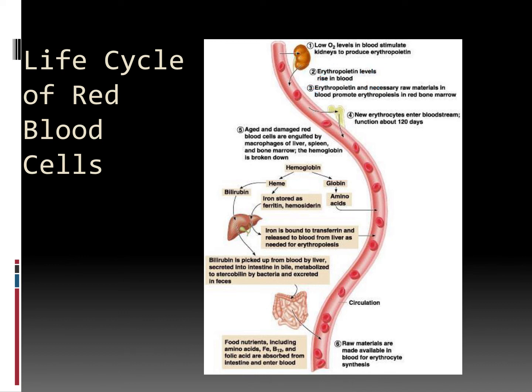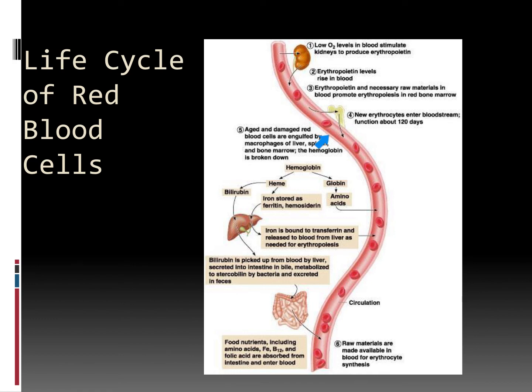So they send raw materials and things to make more red blood cells in the red bone marrow. Iron is necessary for this. New erythrocytes then enter the bloodstream once they're produced, and they function for about 120 days, so about 4 months.